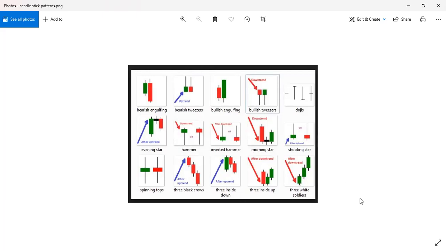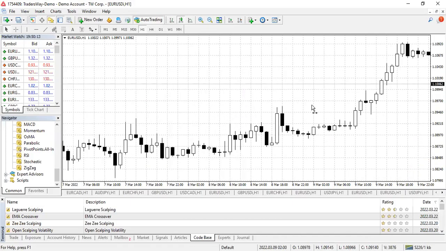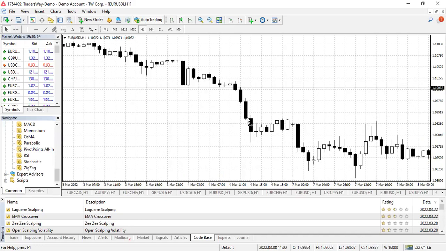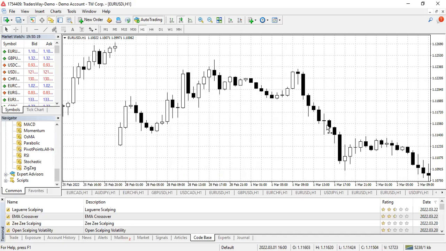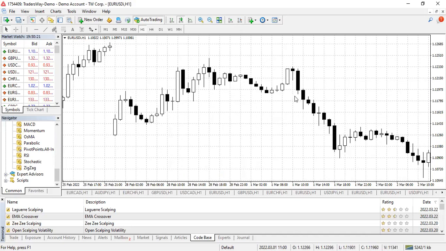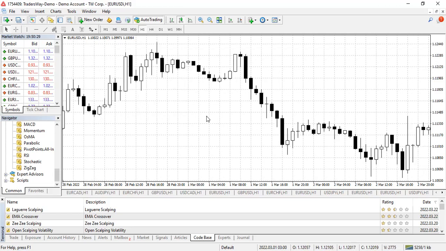If you can find three white soldiers and three black crows, like something like this, but they have to be mostly of equal size.